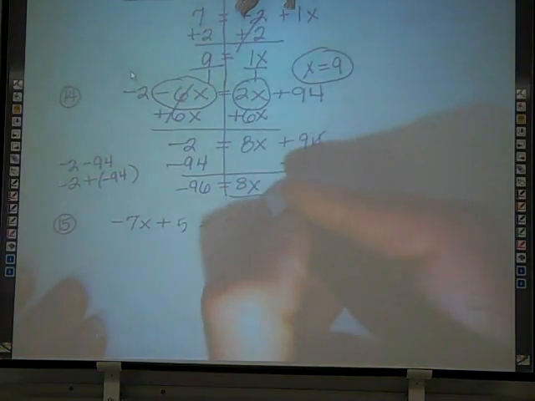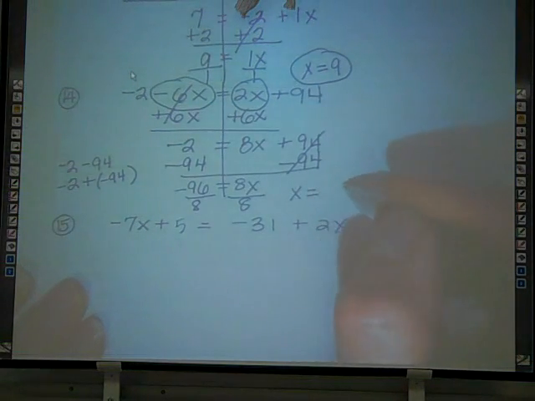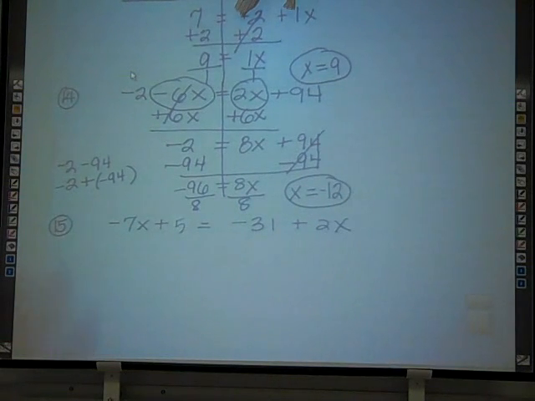Now divide both sides by 8. So x is going to be equal to negative 12. 96 divided by 8 is 12. Negative divided by positive will give you a negative answer.